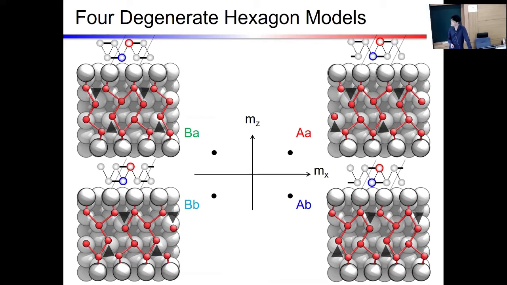So you can have dimerization along the x direction. So you have plus minus mass along mx. Now you also introduce the mass along the y direction. So in terms of the original picture, that means dimerization along the y direction.